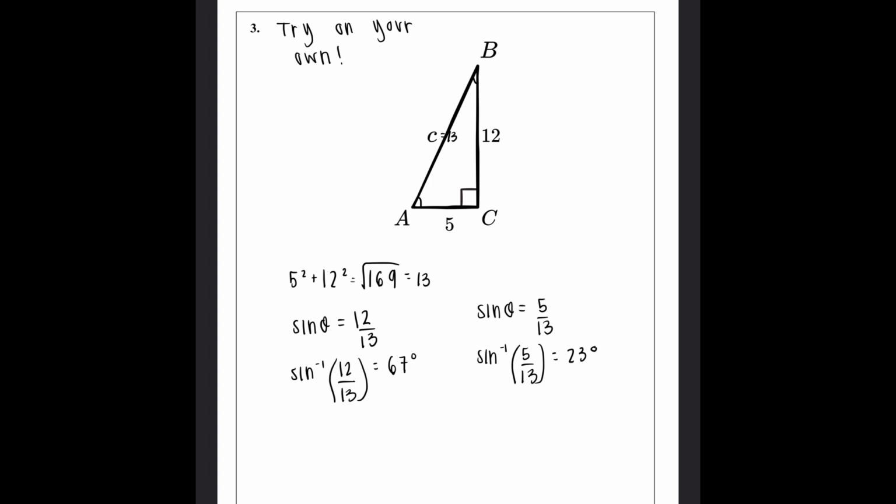And to check if this is correct, we can add 90 degrees, which is angle C, plus 67 degrees plus 23 degrees, and that equals 180 degrees. So angle A equals 67 degrees, angle B equals 23 degrees. C, which is obvious, is 90 degrees.